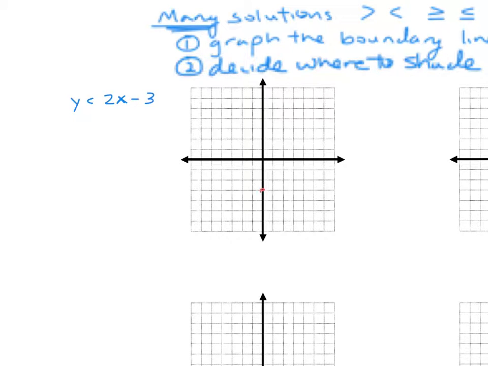Down 3. And then up 2 over 1, okay? And you may do a few just so you get a nice straight line. You should absolutely use a straight edge on these. Now here's the question. Don't draw the line in yet. What kind of line is this? Dotted. It's dotted because that does not have the bar under it, okay? So we're going to do a dotted line.